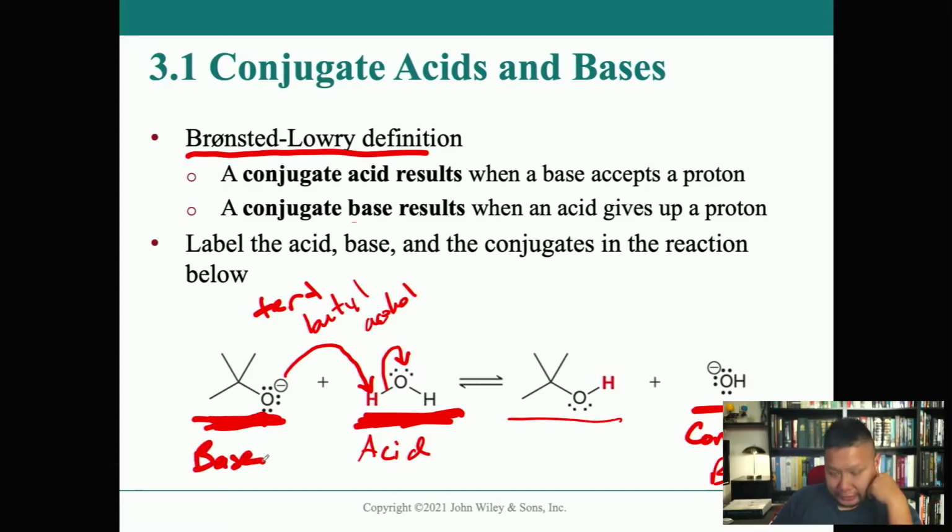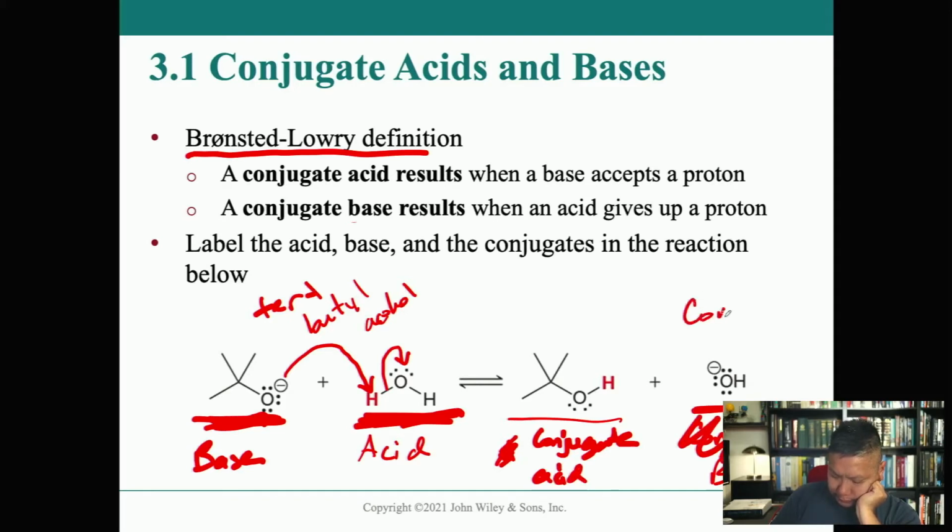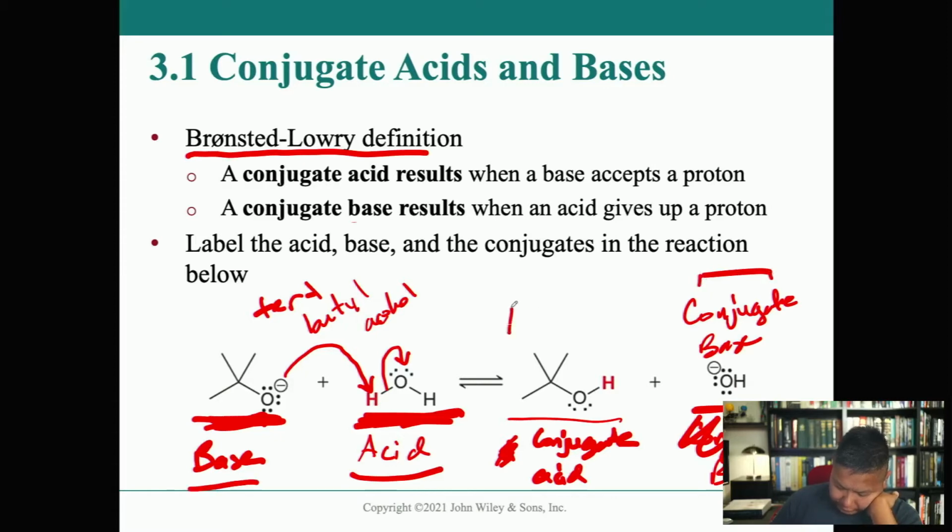And then on the other side of the reaction, it's called the conjugate acid. Conjugate acid. Right? Oh, sorry, I didn't realize my head was blocking this over here. So the hydroxide ion over here is referred to as the conjugate base. Okay, conjugate base. So remember, an acid yields a conjugate base over here, and then a base yields a conjugate acid over here.